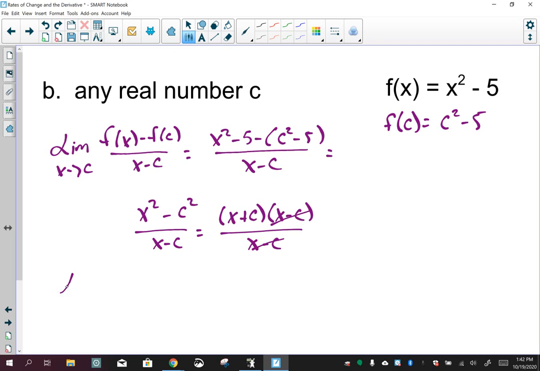So my limit as x approaches c of x plus c winds up being 2c. That's going to be what's considered your generic equation for that tangent line. So don't be scared if it says any real number and you're getting a letter. That's okay, that's not a big deal. That happens all the time in calculus.